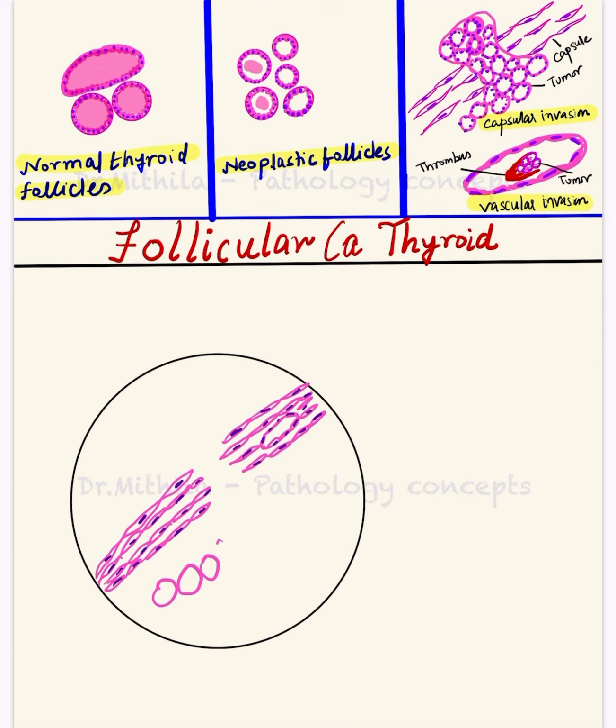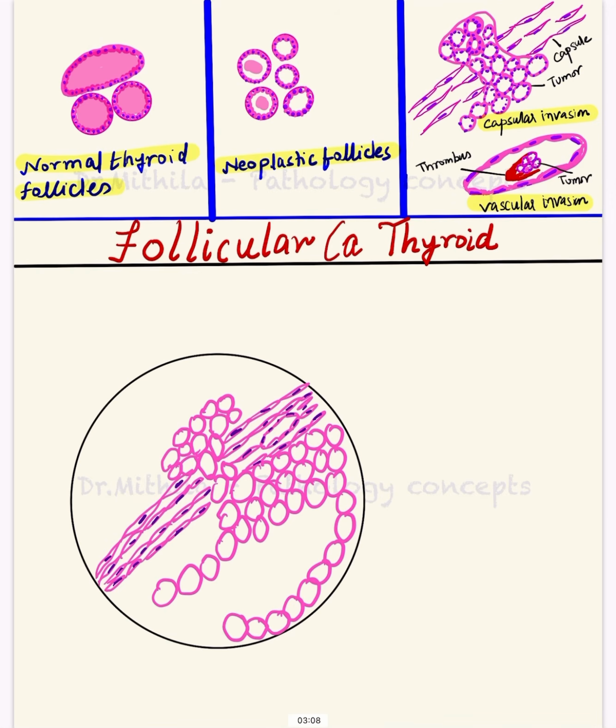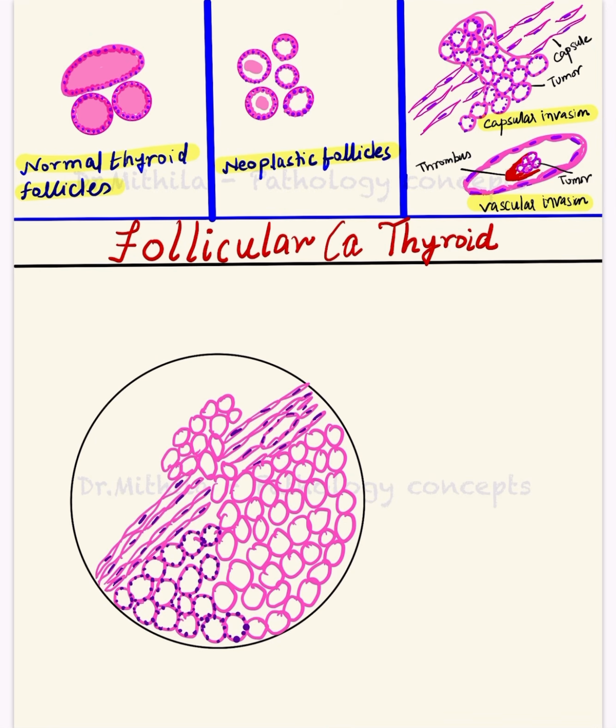Now we make the tumor. We just have to make the microfollicles. Numerous follicles you have to make. These are the microfollicles which are proliferating and lined by these cells. Nuclear atypia is generally not seen, so you just make these nuclei which are bland appearing. This is how you make the tumor.